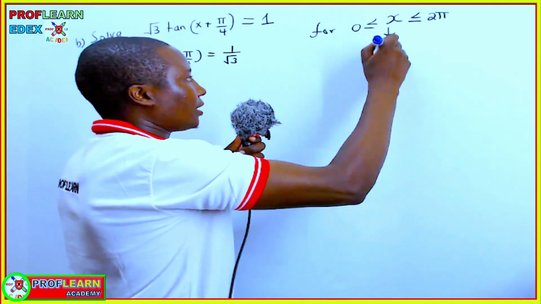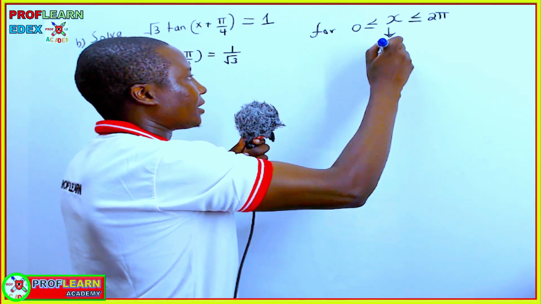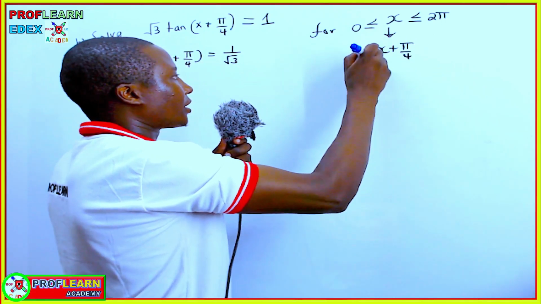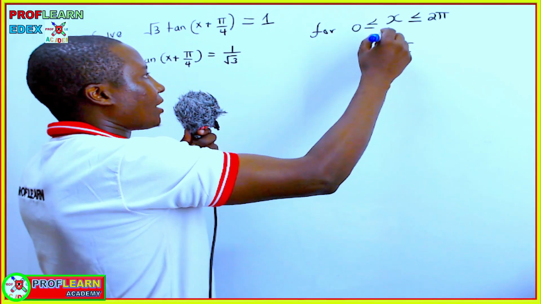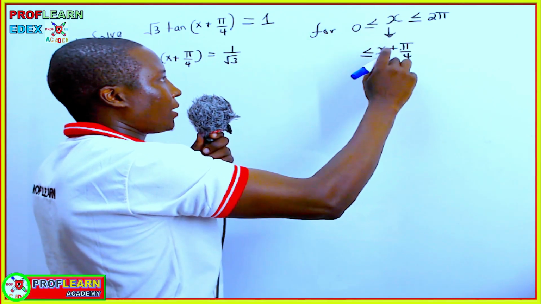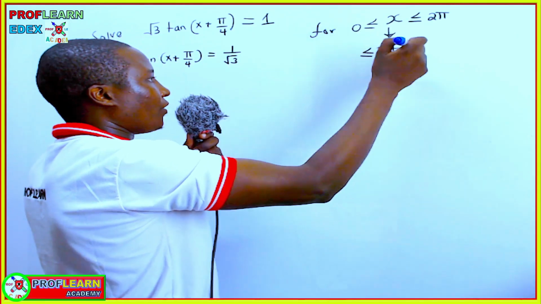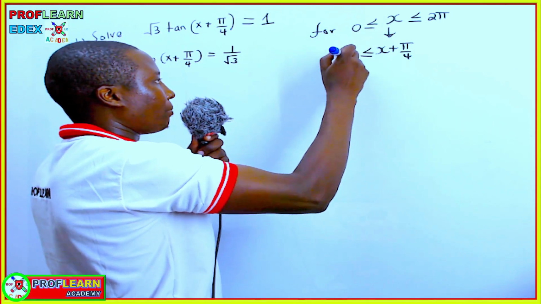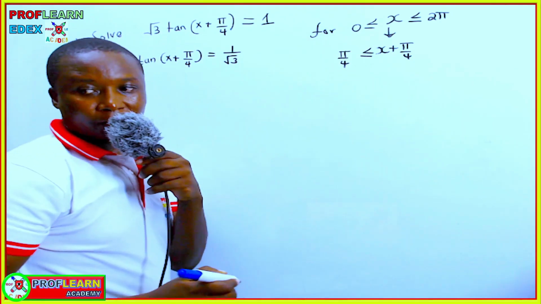So I'm going to write x plus pi over 4 is greater than or equal to. Since I've added pi over 4 to x, I can also add pi over 4 to the 0 here. So we shall have pi over 4 at this given point.